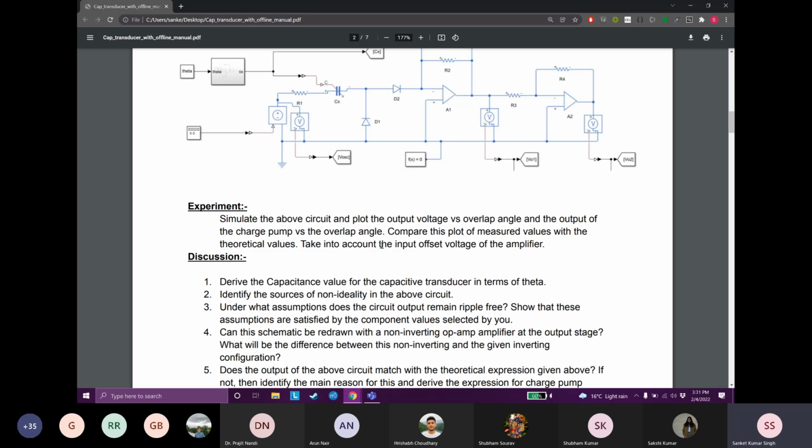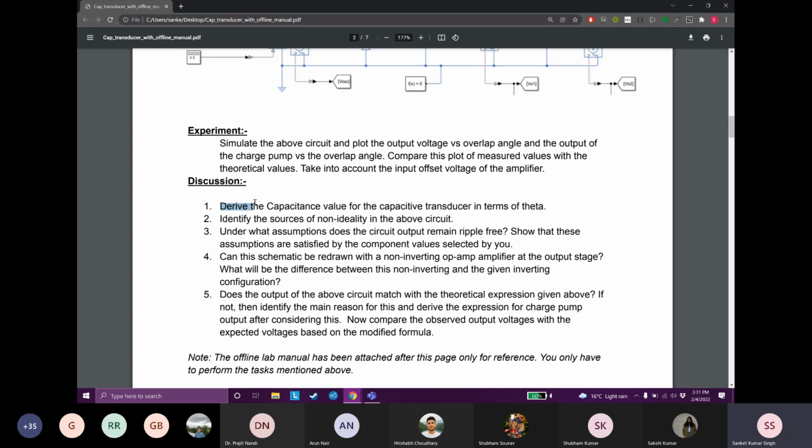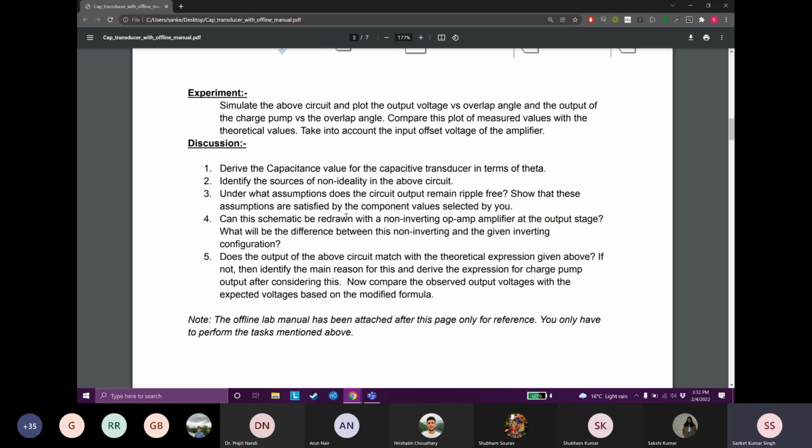You have to take into account the input offset voltage of the amplifier. This is the discussion portion. You'll have to answer all of these parts, and this is the experiment that you have to do.